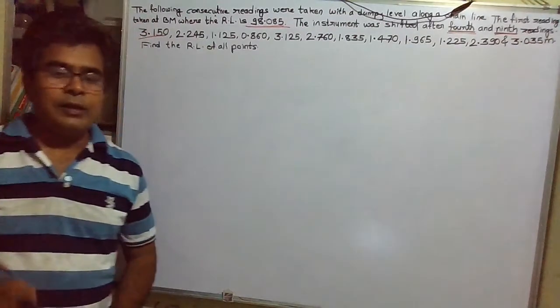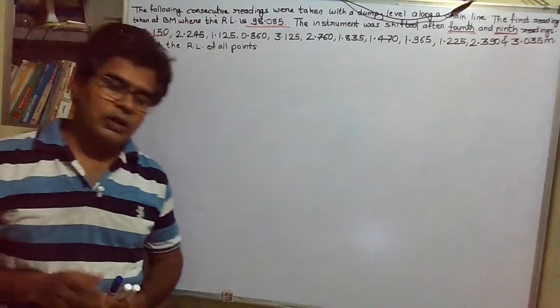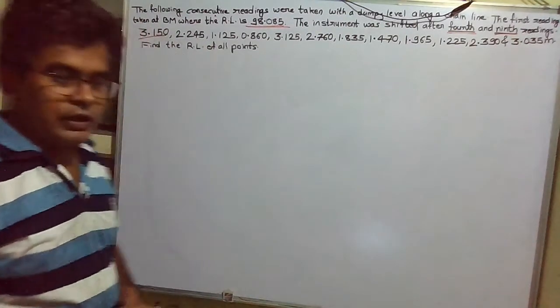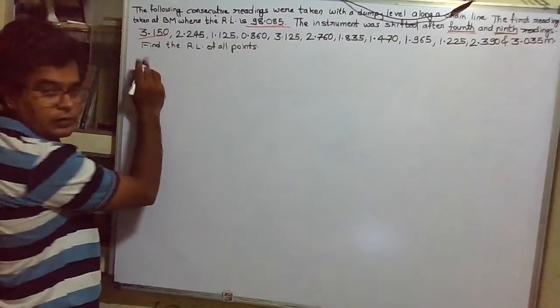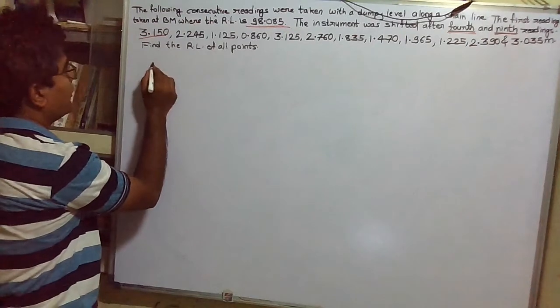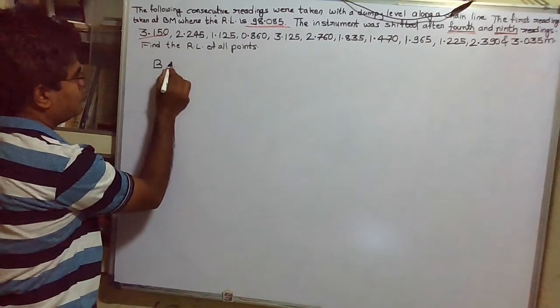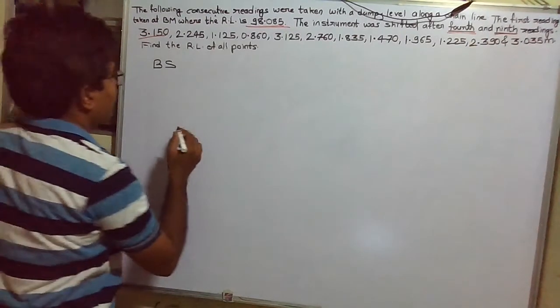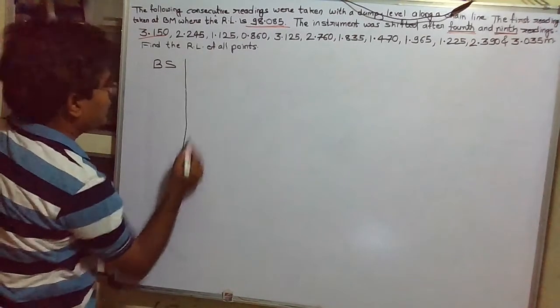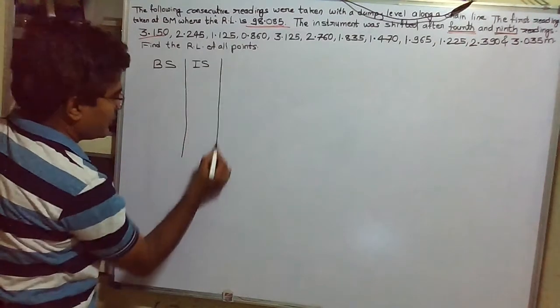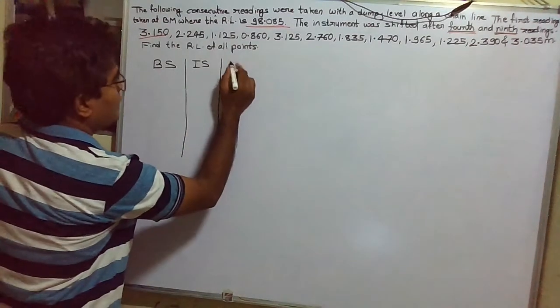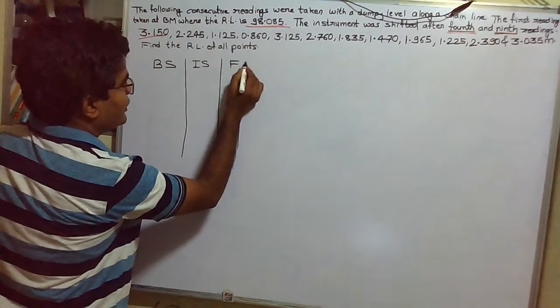So while reducing level, there is one format for a table. In this table, first column will always be backside reading. Then next column will be intermediate side reading, and then next column is foresight reading.